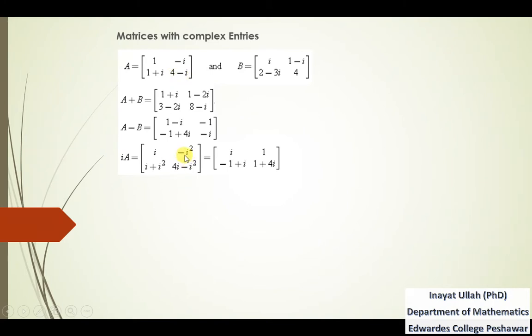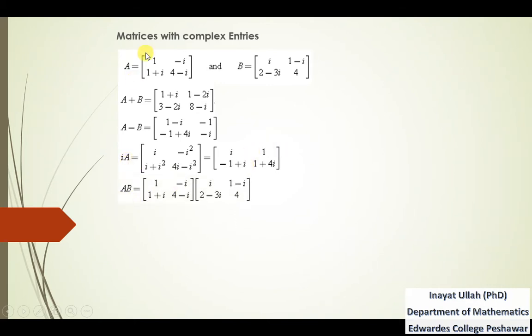Now simplifying: iota square is minus 1, minus 1 into minus is plus 1, so that is minus 1 plus iota; iota square is minus 1, minus 1 into minus is plus 1, so plus 1 plus 4 iota. So that is iota A.